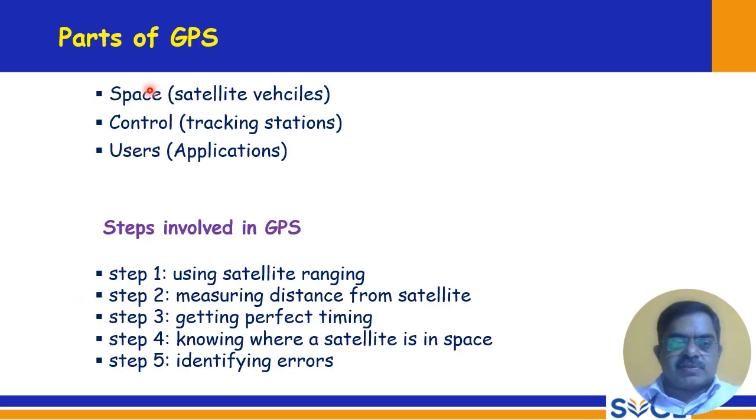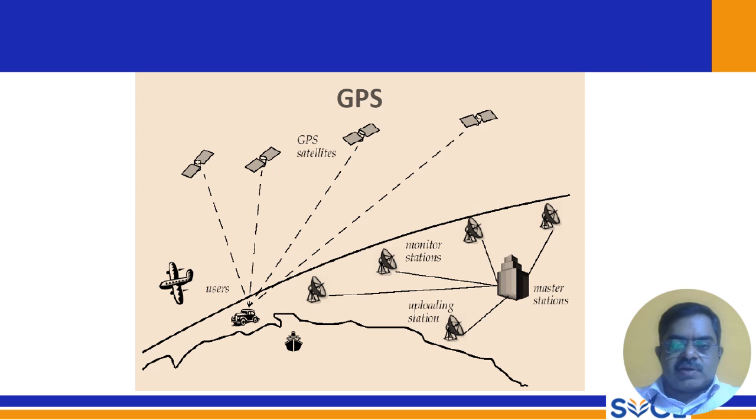Parts of GPS: space satellite vehicles, control tracking stations, and user applications. Steps in GPS: using satellite ranging, measuring distance from satellite, getting perfect timing, knowing where a satellite is in space, and identifying errors. This is a simple GPS representation.